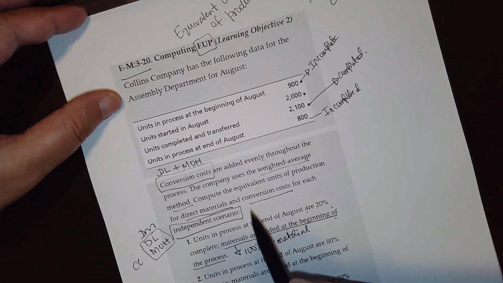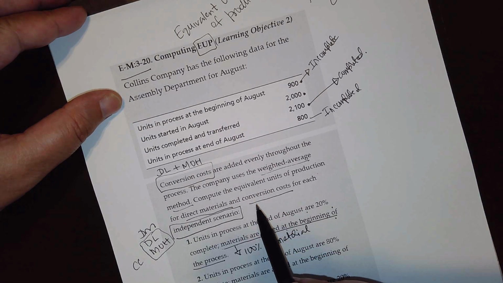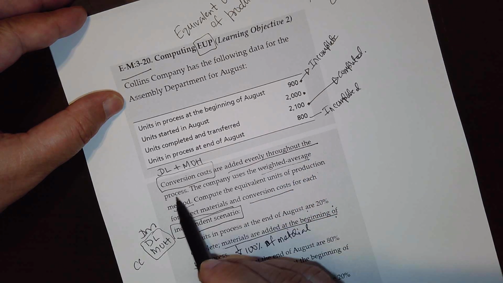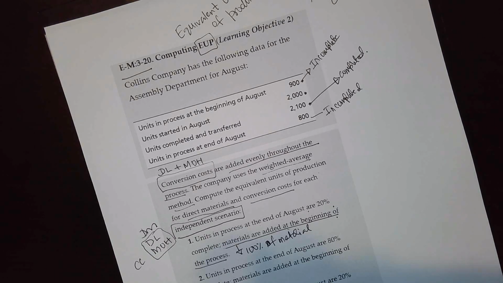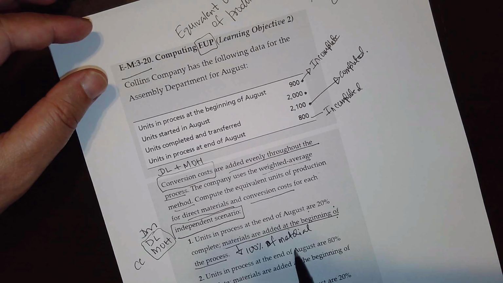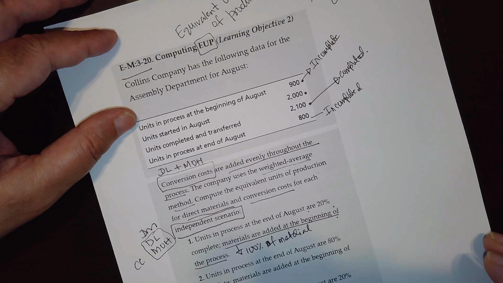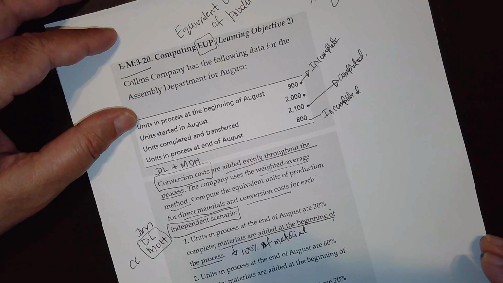Just like over here, it says the conversion cost is added evenly throughout the process, which means every day or every hour they added the conversion cost, direct labor or manufacturing overhead, but they put the material on the table, 100% of it, at the beginning of the process.